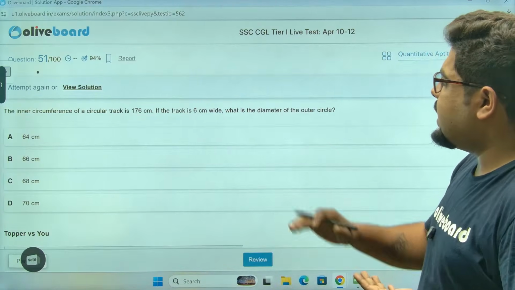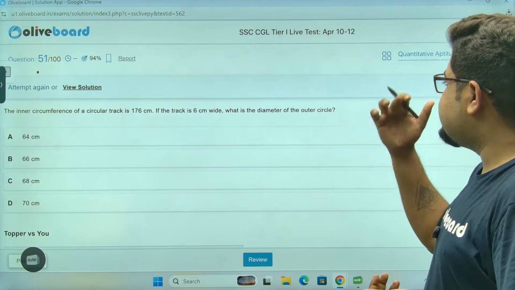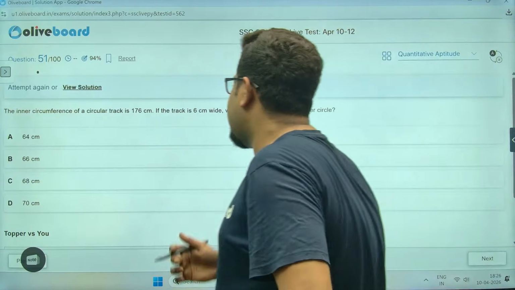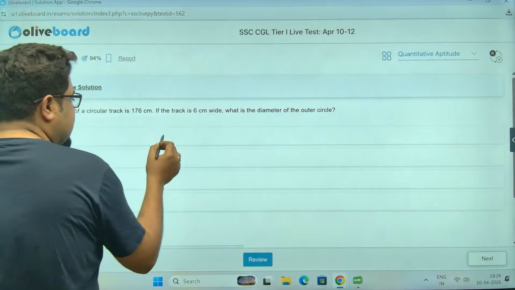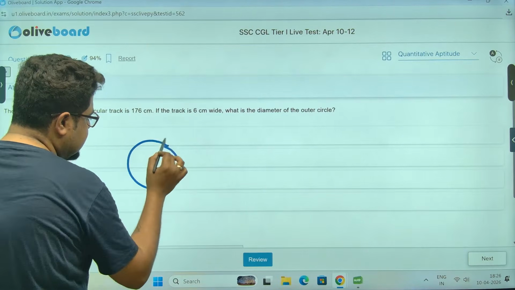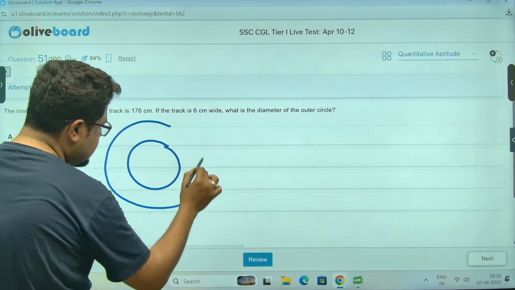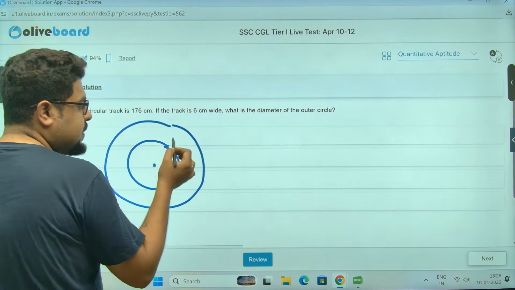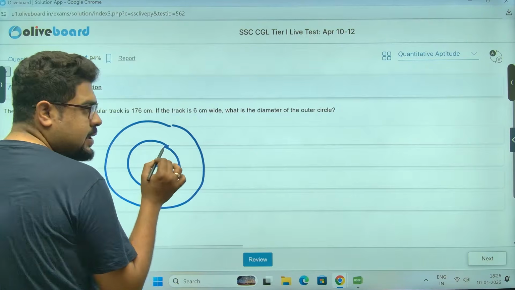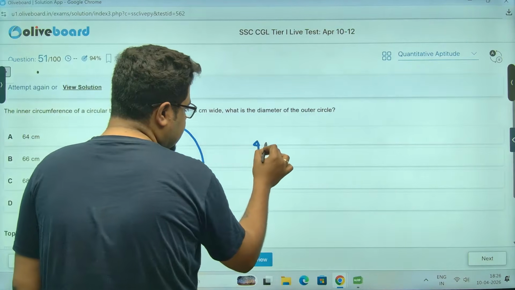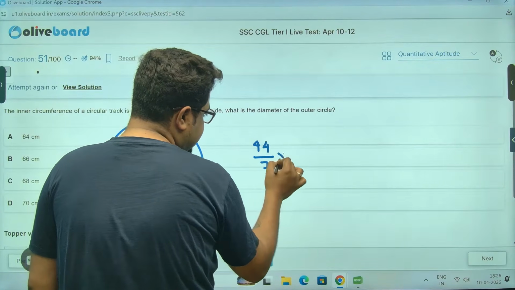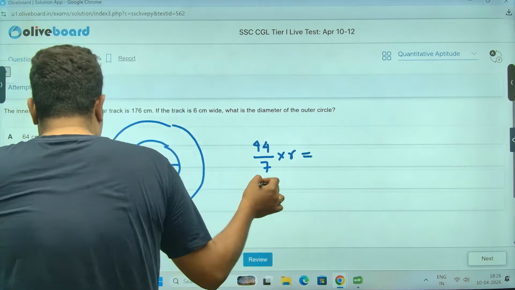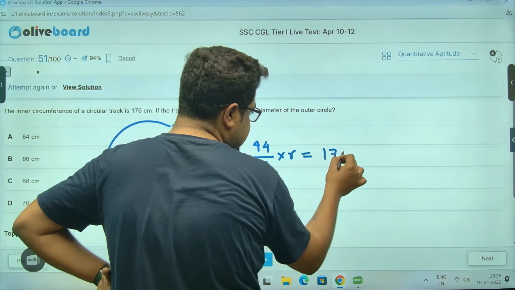First one, the inner circumference is given, 6-meter wide track, the outer diameter. Okay, sir. So the track is like this, somewhat like this, sir. Right? So inner circumference we can figure out. If I take this as r, inner circumference will be 2 pi r, meaning 44 by 7 into r, which is 176.